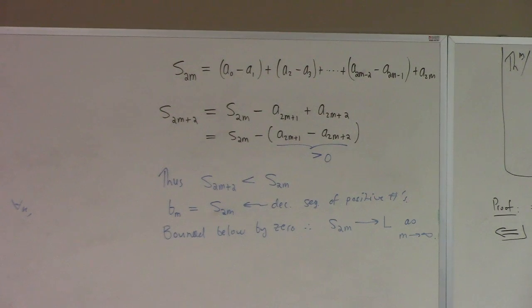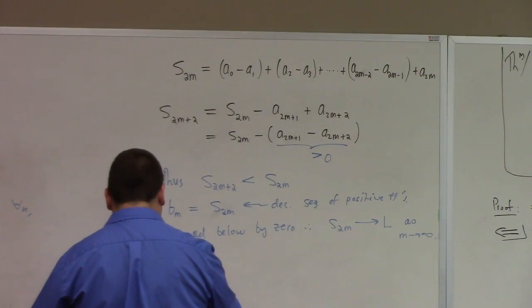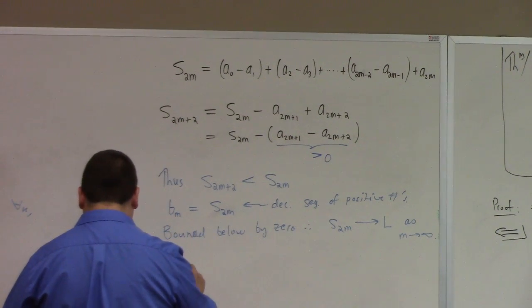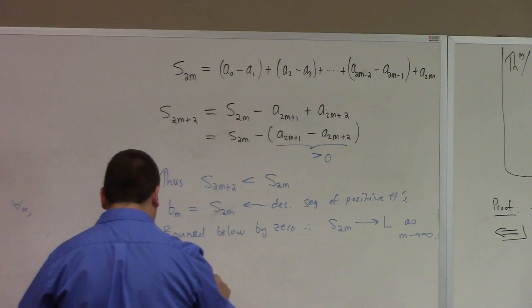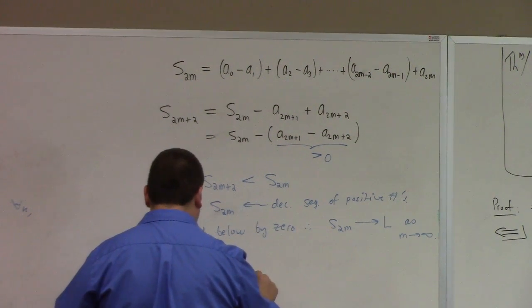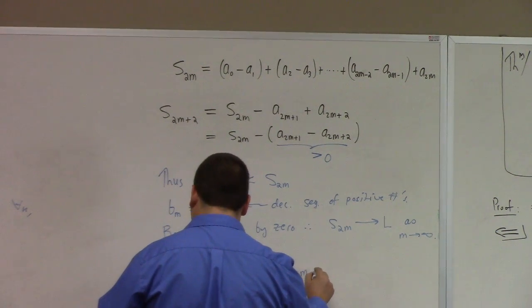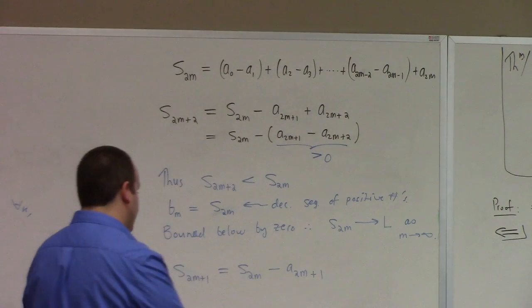So then what? How about the odd terms? How about the odd partial sums? I mean, is that enough? We also have odd terms, right? So S sub 2m plus 1. I wrote a 2. What's wrong with me? S sub 2m plus 1 is equal to what? It's equal to S sub 2m minus A sub 2m plus 1, right?